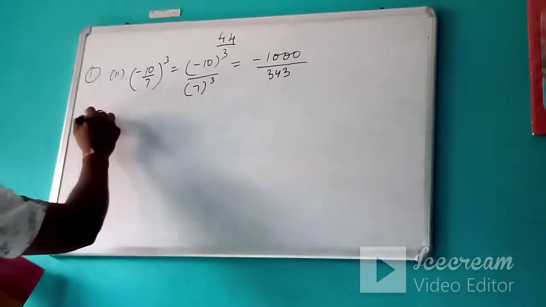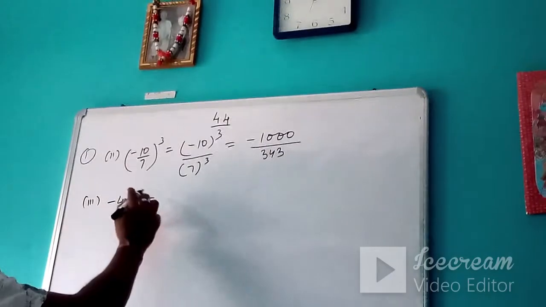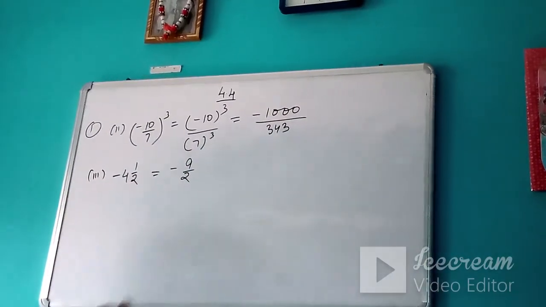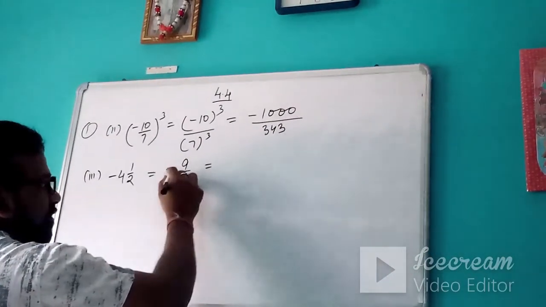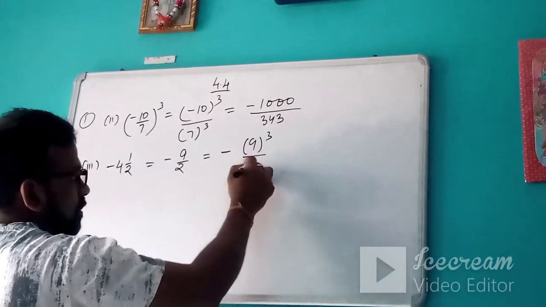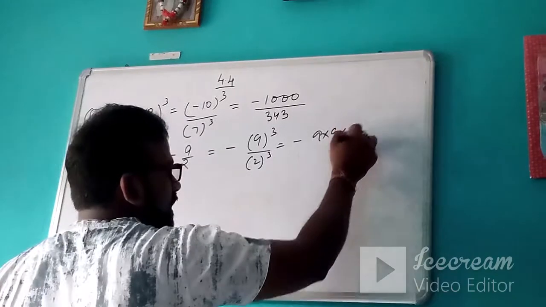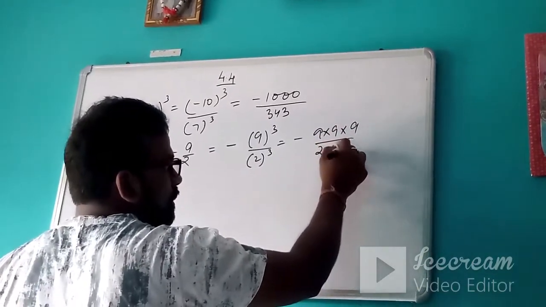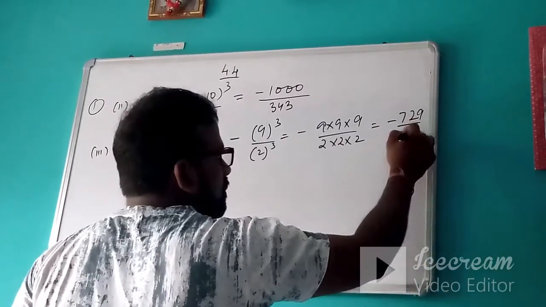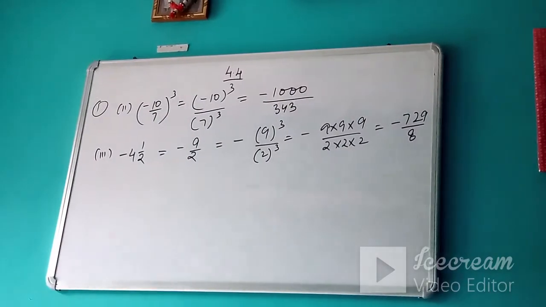Or if the number is in the form minus 4.5, first we will convert it into an improper fraction. Then we will leave the minus sign outside and calculate 9 cube upon 2 cube, that is 9 into 9 into 9 upon 2 into 2 into 2, that is minus 729 upon 8. Like this you can calculate the cube of rational numbers.